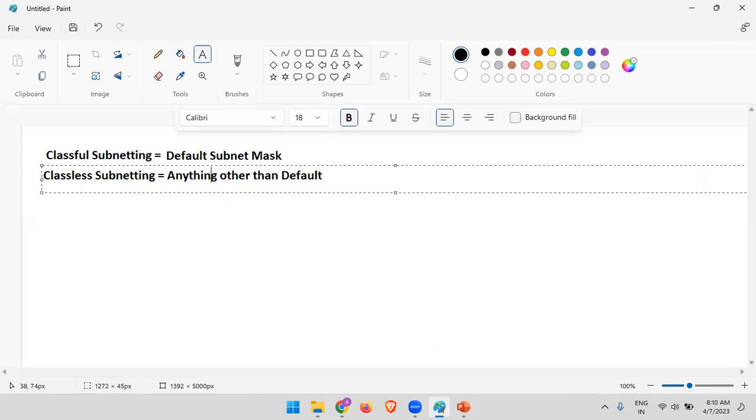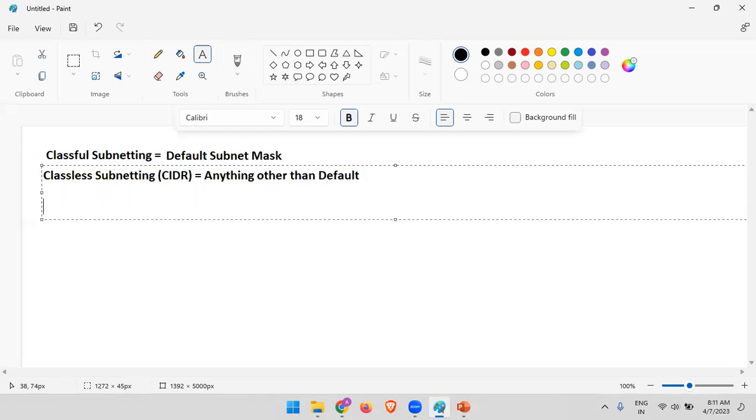And this classless subnetting is the one that is known as CIDR. CIDR stands for classless inter-domain routing. It means we are not using the default subnet mask.